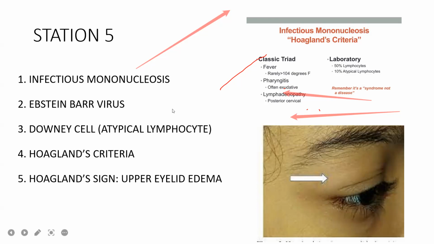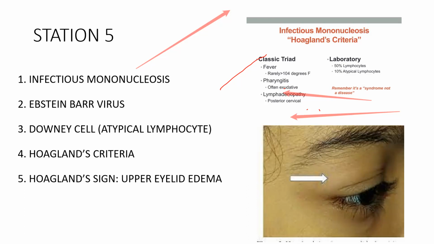And there is a criteria for diagnosis of infectious mononucleosis, that is Hoagland's criteria, which includes a classical triad of fever, rarely more than 104, pharyngitis, which is often exudative pharyngitis, and significant lymphadenopathy, most commonly in the posterior cervical group.